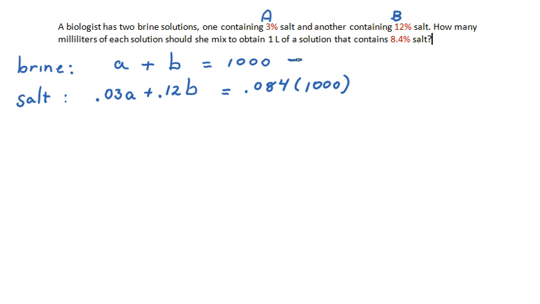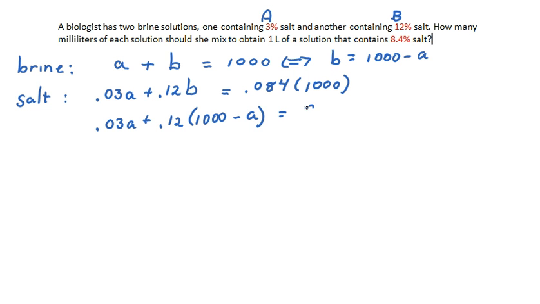From the first equation, we get that B equals 1,000 minus A. So we've got 0.03A plus 0.12 times (1,000 minus A) equals, moving the decimal place 3 places to the right in the 0.084, gives us 84.